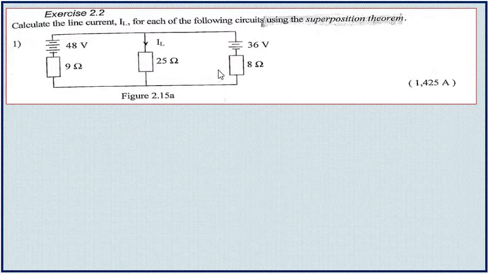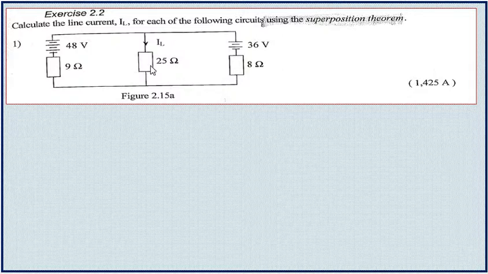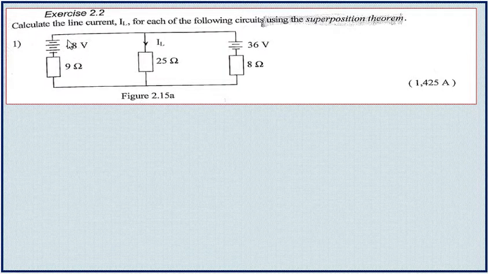In the second step we close that source, consider the other one, and calculate the second current flowing in this resistor. At the end we add them: the current found by considering this voltage and the current found by considering the other voltage.